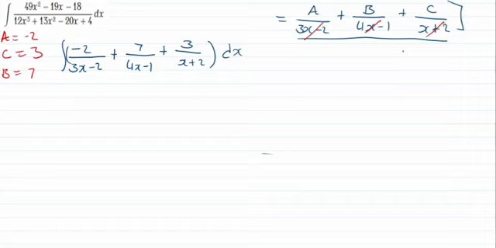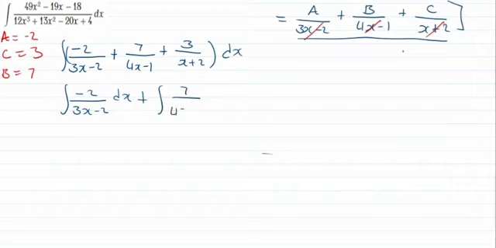So what's remaining here is just to integrate what we have in our integral. Right? So to do that, we take out all the coefficients. So first let's separate it. To see it properly, we're going to have -2 over 3x minus 2 dx plus the integral of 7 over 4x minus 1, then dx as well, then plus the integral of 3 over x plus 2 dx.